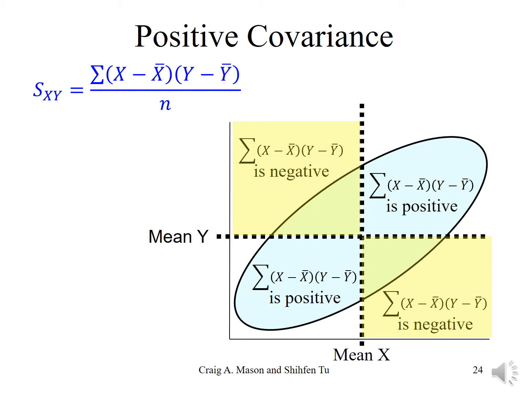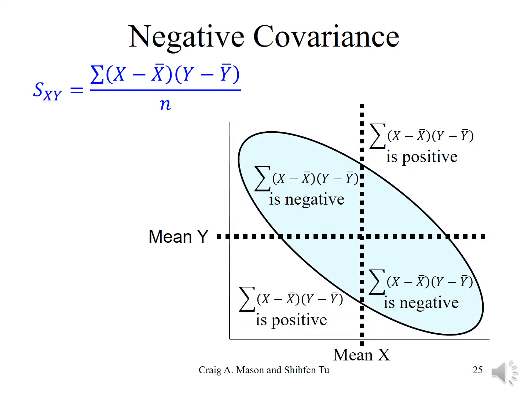In both of those cases, the cross product is negative, so we would see fewer negative cross products. As a result, the value of the covariance will be more and more positive the stronger the positive association.